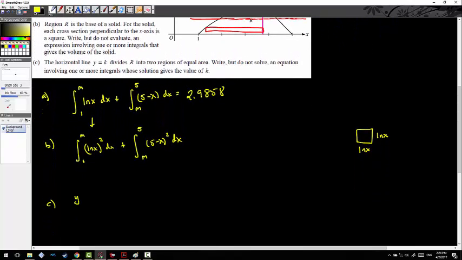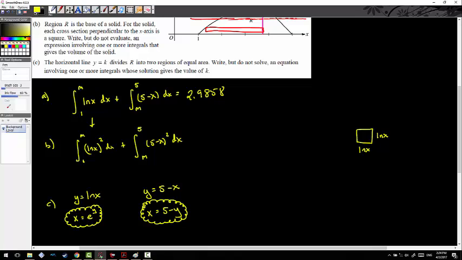If y equals ln of x, that means that x is equal to e to the y. And if y equaled 5 minus x, that means that x was equal to 5 minus y. Okay, so these are the 2 functions that I'm going to be using in Part C now.